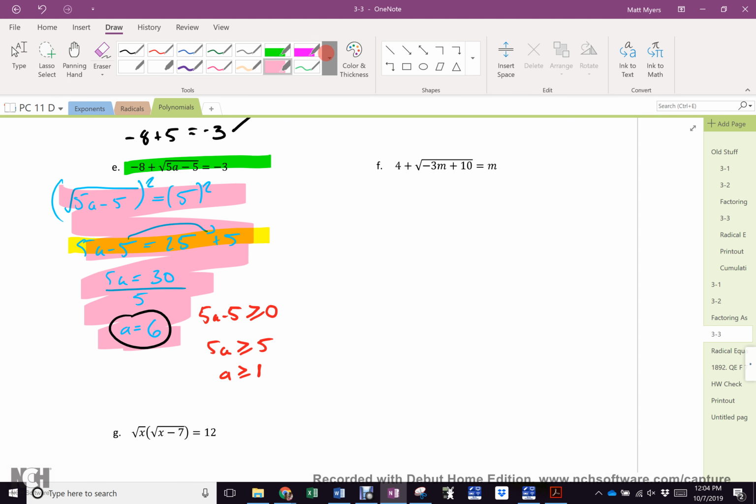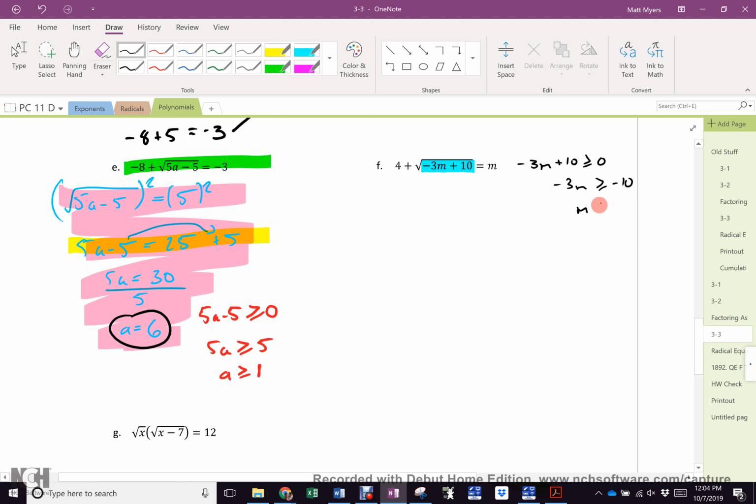So, even though you will all forget to do it until the end, I like to check this at the very beginning. So at the very beginning, I know that negative 3m plus 10 must be greater than or equal to 0. Which means negative 3m must be greater than or equal to negative 10, correct?